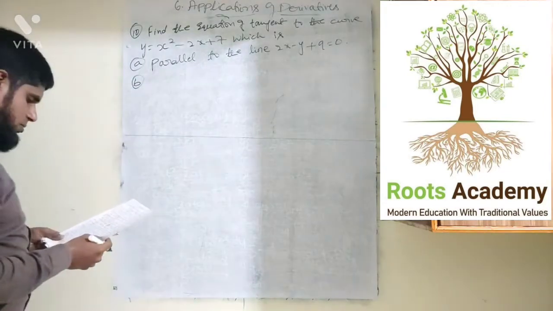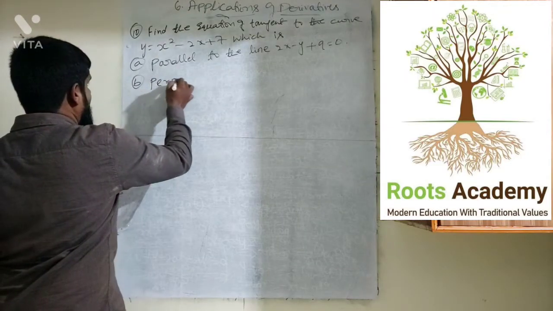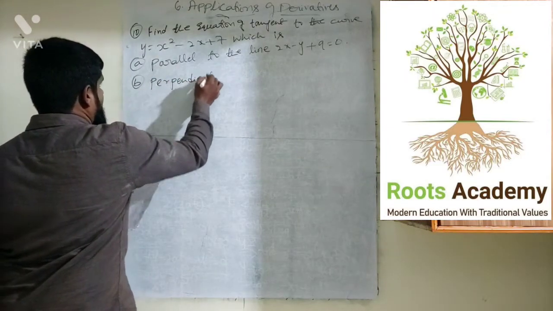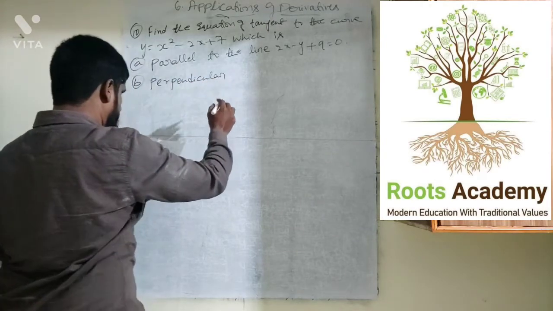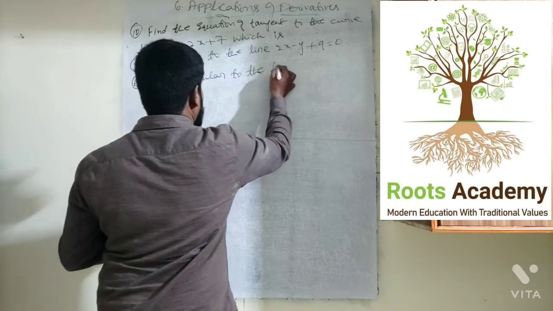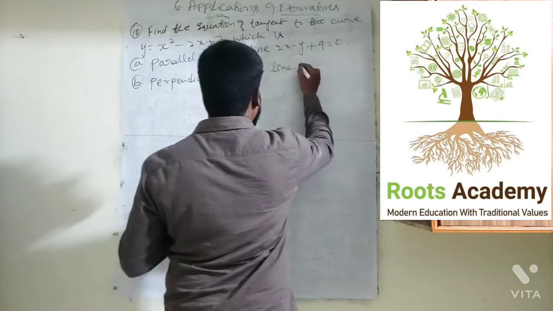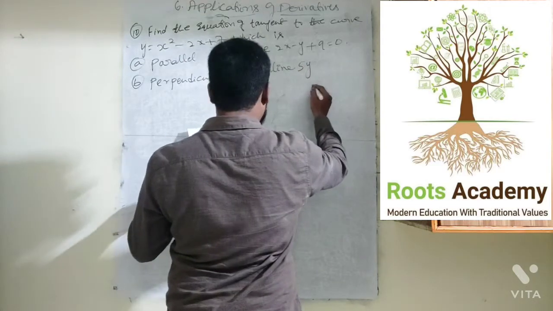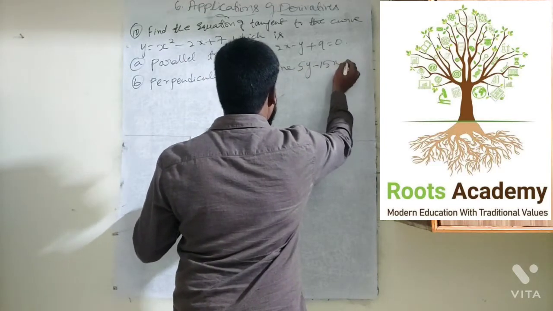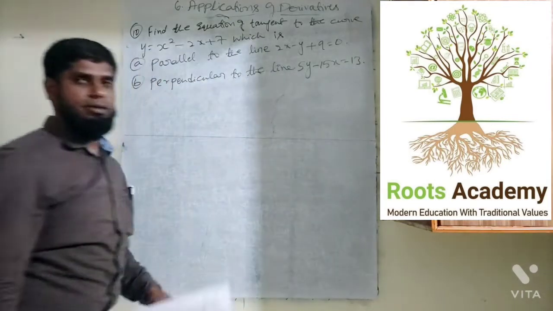The second condition is that it is perpendicular to the line 5y minus 15x is equal to 13.